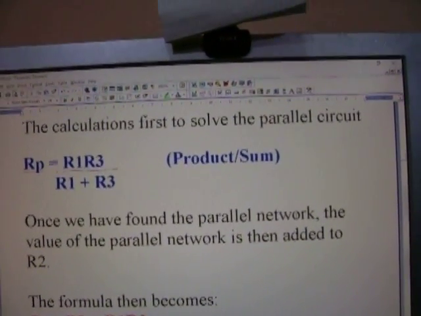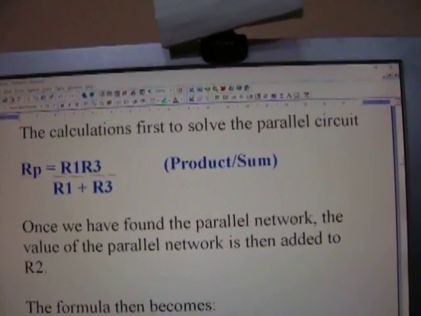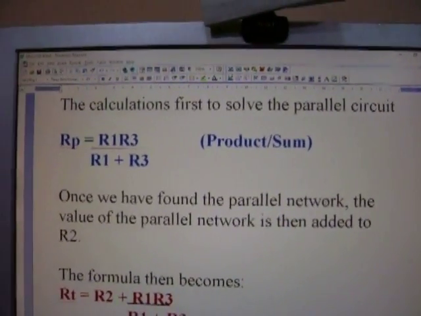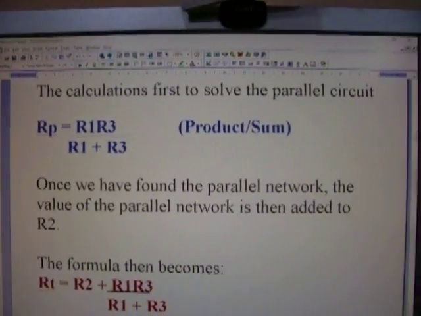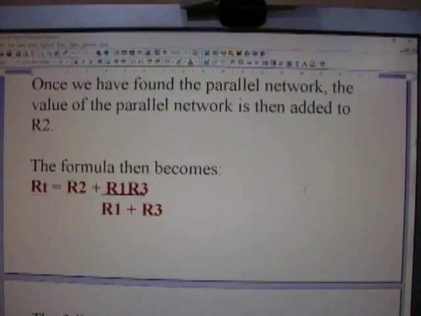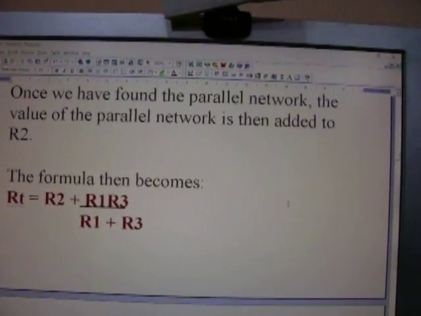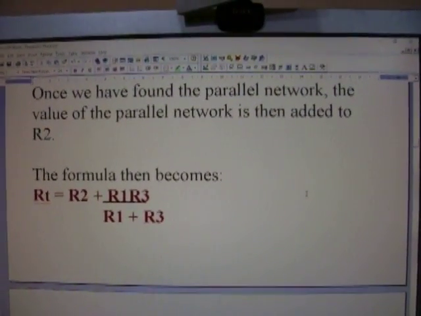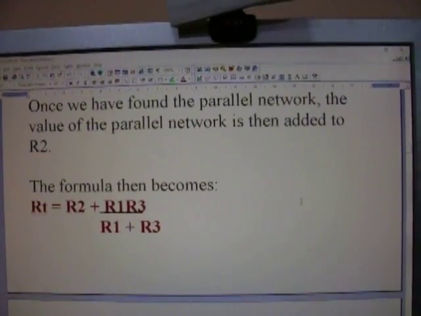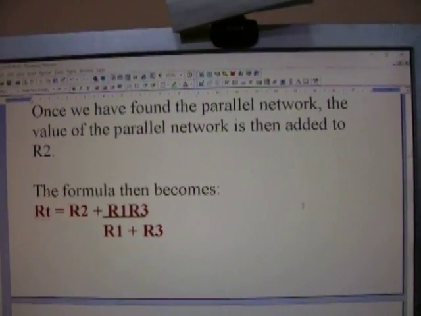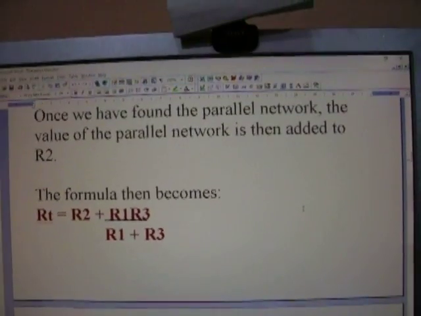Once we have found the parallel network, the value of the parallel network is then added to R2. So we need to have a formula that shows this and brings this into play. And what I've done here is to show a formula of RT equals R2 plus R1 times R3 over R1 plus R3.